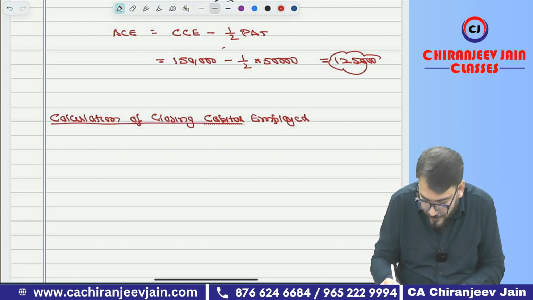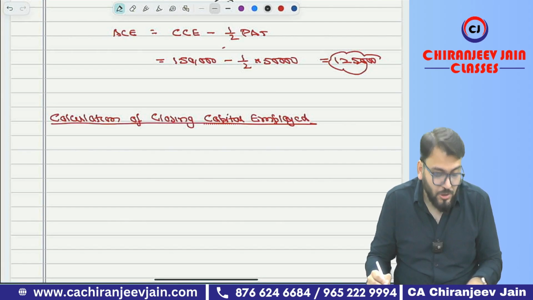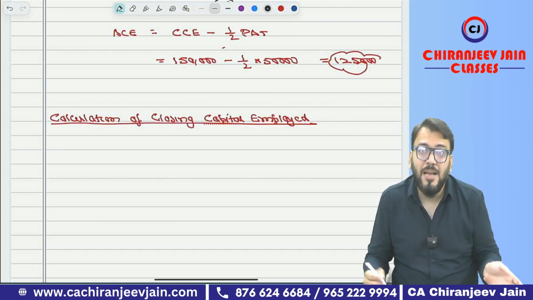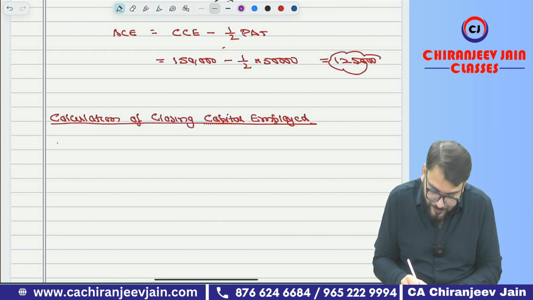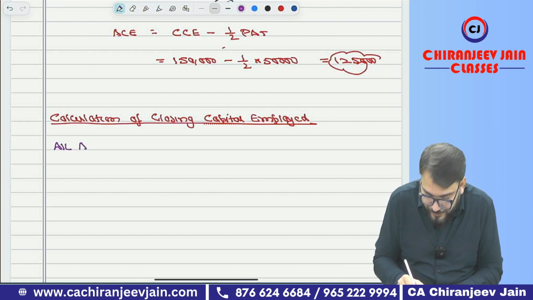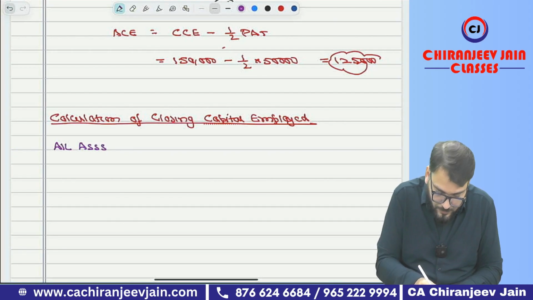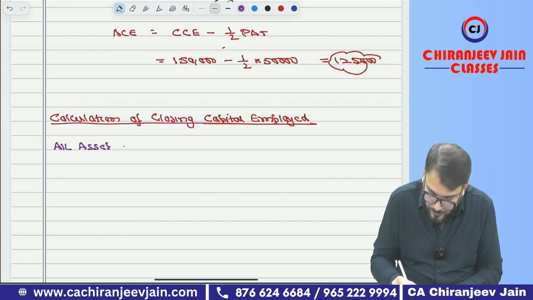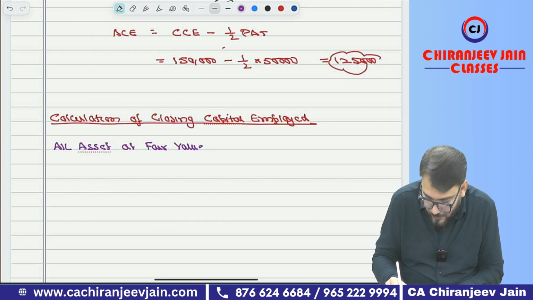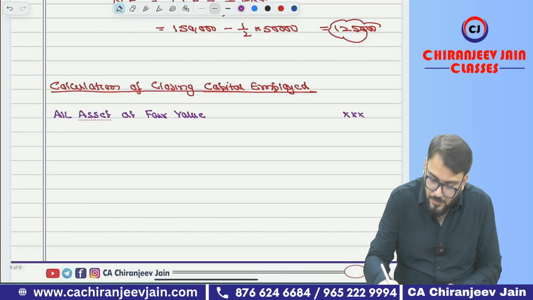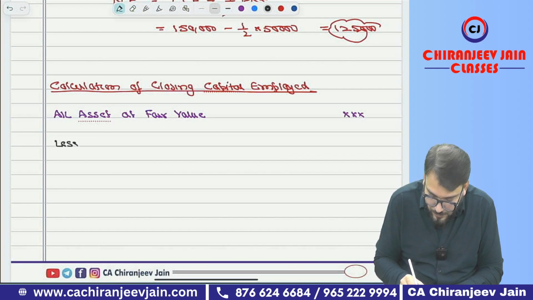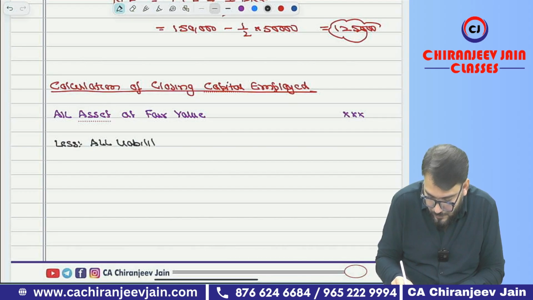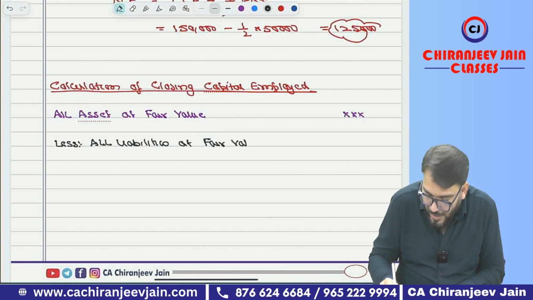In this, first we write down all assets minus all liabilities. We take all assets at fair value, less all liabilities at fair value.